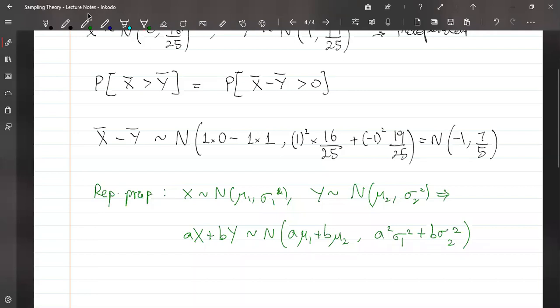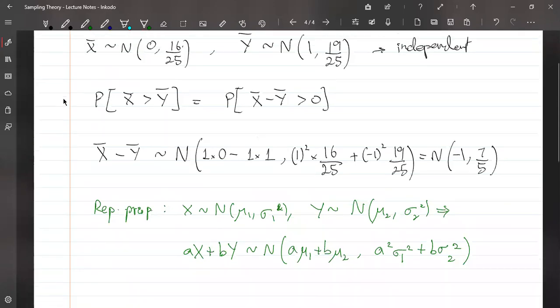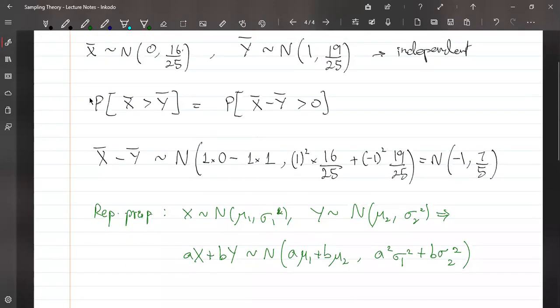So in this case, we have x bar instead of X and y bar instead of Y. This is mu 1, this is sigma 1 square, right? And this is mu 2, and this is sigma 2 square. And this can be written as 1 x bar plus minus 1 y bar. So a is 1 and b is minus 1.